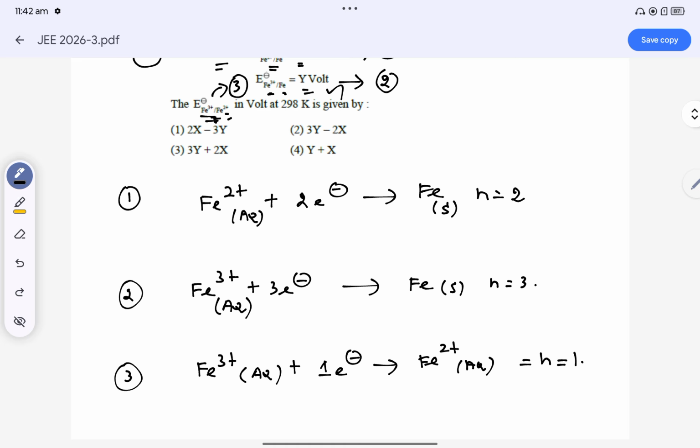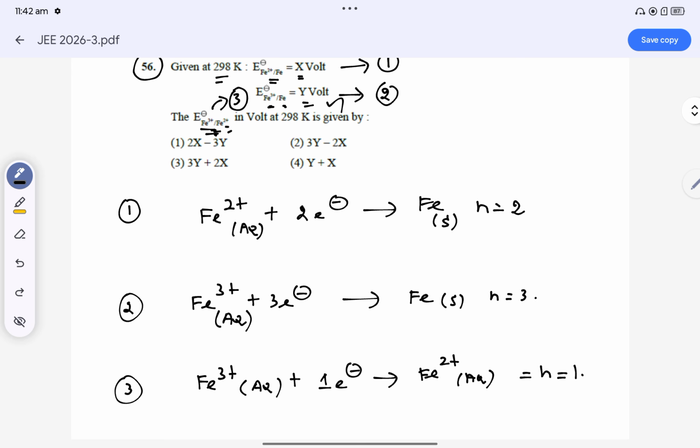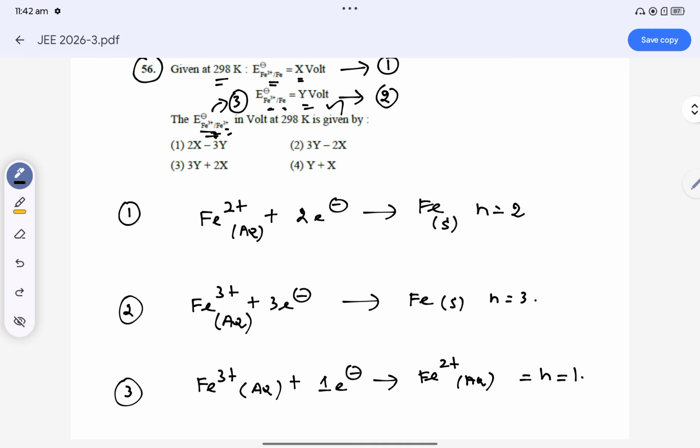For each case I have written the reduction reaction, and one important equation we know is del G naught is equal to minus n E naught F. Here n stands for the number of electrons, del G stands for Gibbs free energy, E naught stands for standard electrode potential, and F is the charge, the quantity of charge in Faraday.